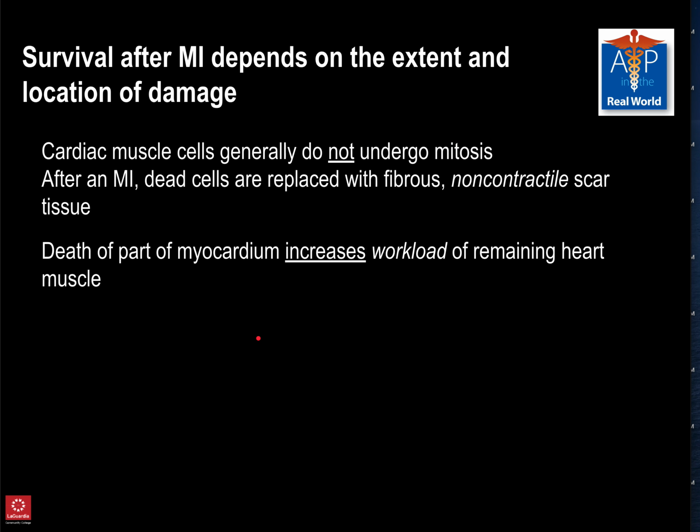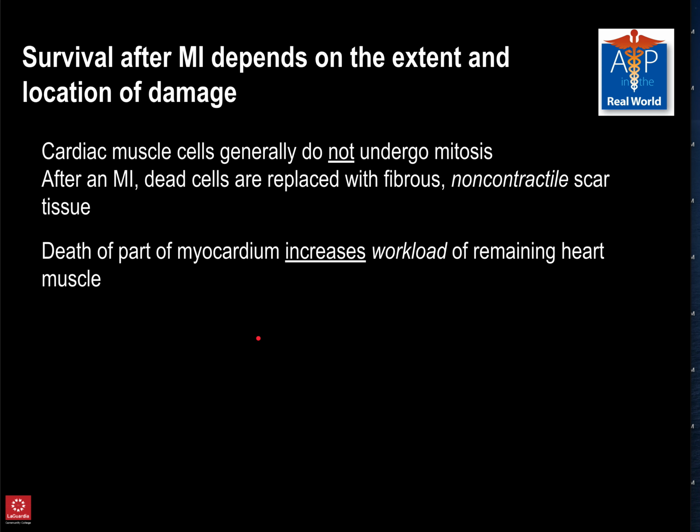Survival after MI depends on the extent and location of damage. Cardiac muscle cells generally do not undergo mitosis. After an MI, dead cells are replaced with fibrous, non-contractile scar tissue. And so the death of part of the myocardium increases the workload of the remaining heart muscle, right? So that is a huge thing.